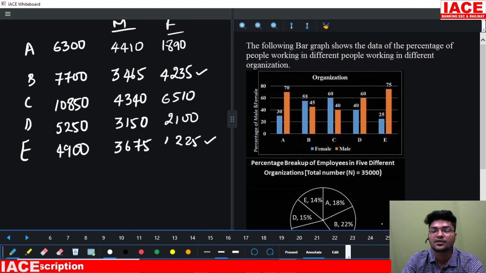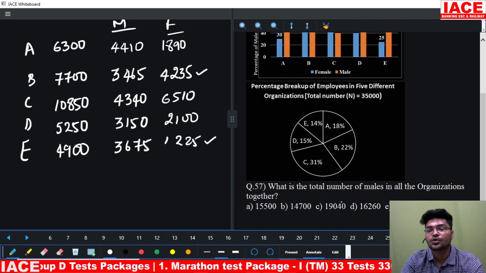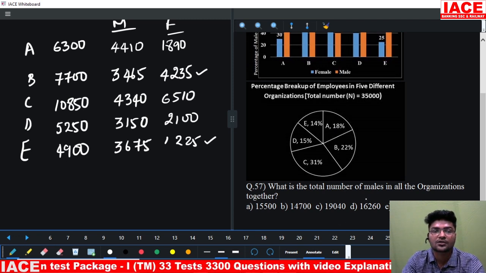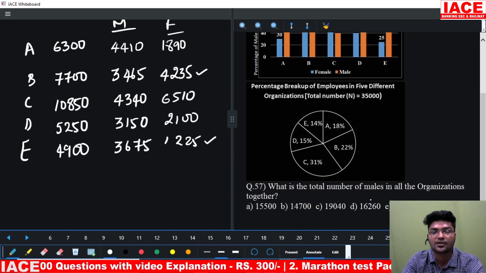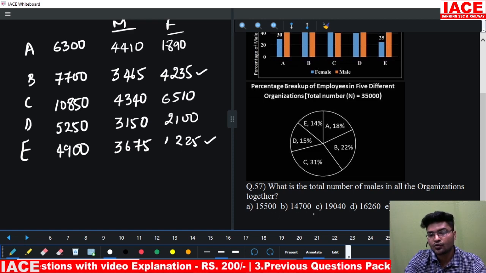Question number 57. What is the total number of males in all the organizations together? If I observe, two options are there ending with zeros and two options are there ending with 40 and 60.